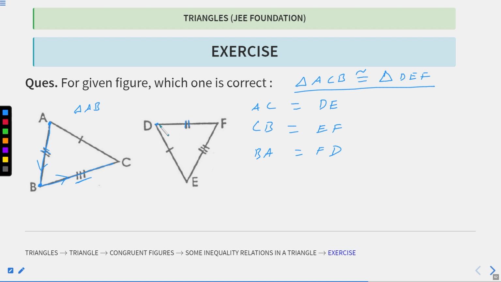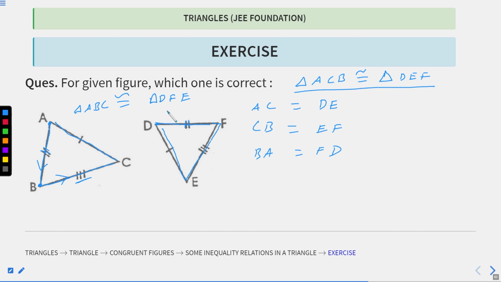So I go to triangle D: DF, so DF to E, so DFE, and AB to C. Then B to C, so F to E, then C to A, so E to D. From this I can easily name it.